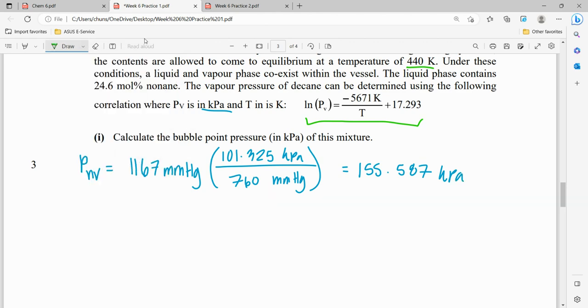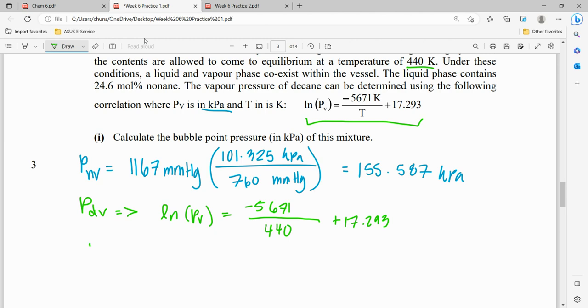Next, we're going to use this equation to find our decane vapor pressure. This was given by ln P equals negative 5671 over our current temperature, which is 440 Kelvin, plus 17.293.